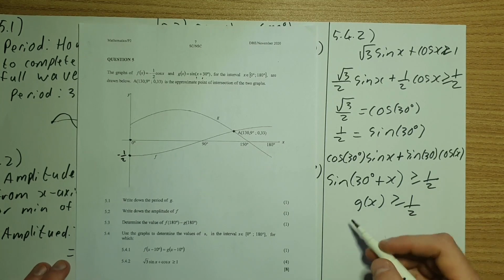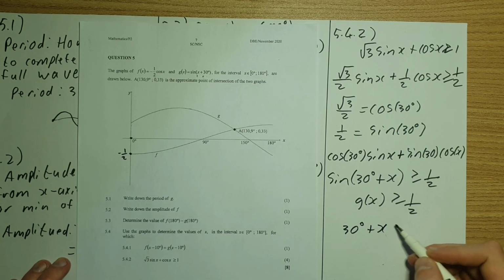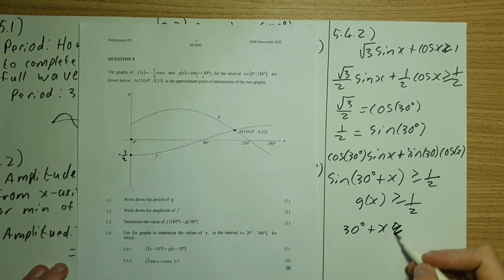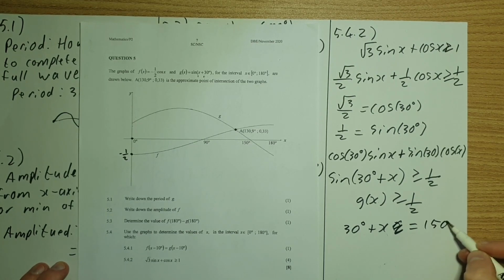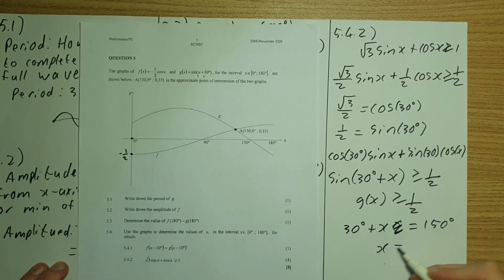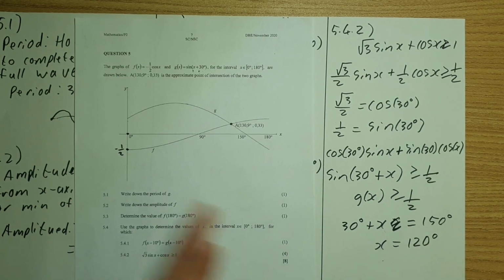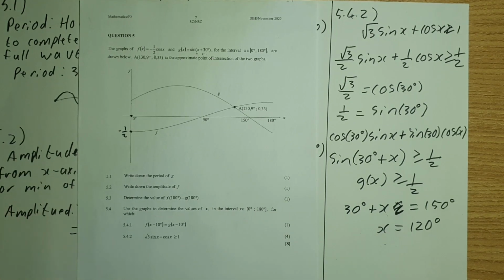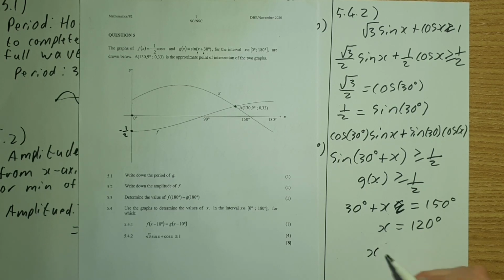So we'll have 30 degrees plus x, changing it to the equality, equal to 150 degrees. Therefore, x is going to equal 120 degrees because the function has shifted to the left.